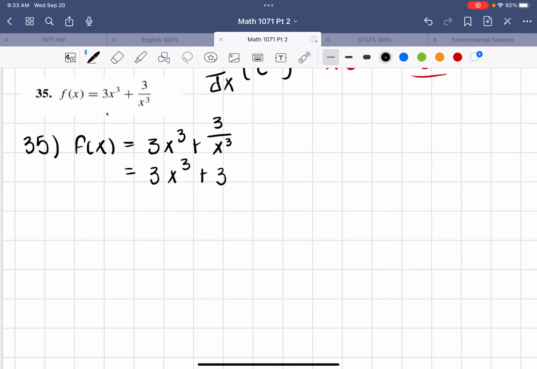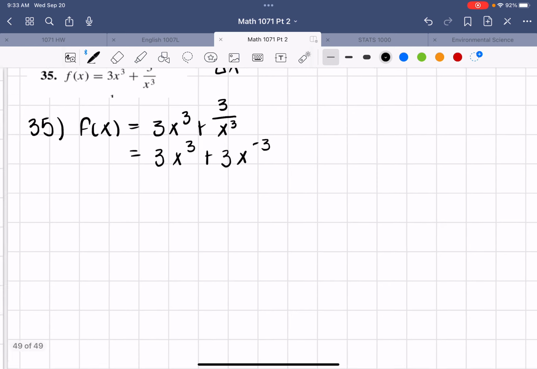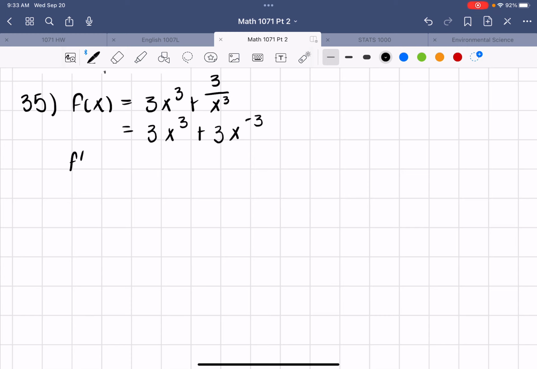So now the derivative becomes 3 is a coefficient, it stays. X cubed, the old power is a new coefficient, the new power is 1 less. 3 is a coefficient, it stays. The old power is a new coefficient. The new power is 1 less, and don't forget about your negative numbers.